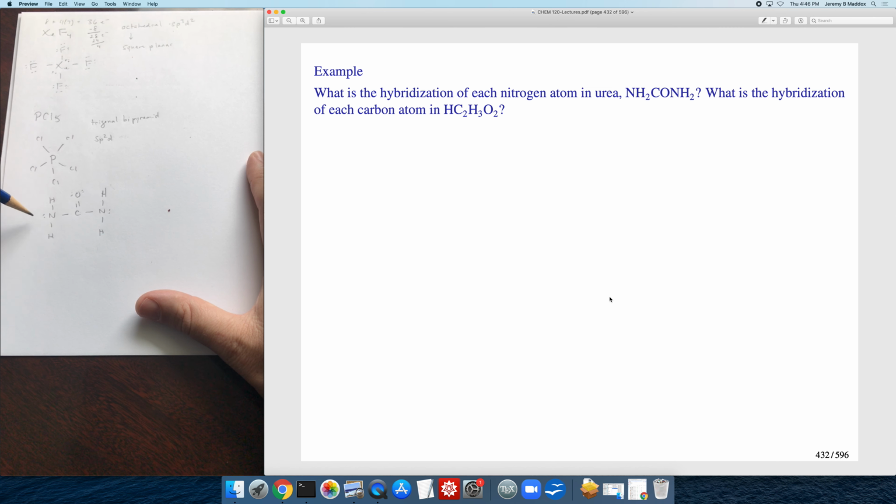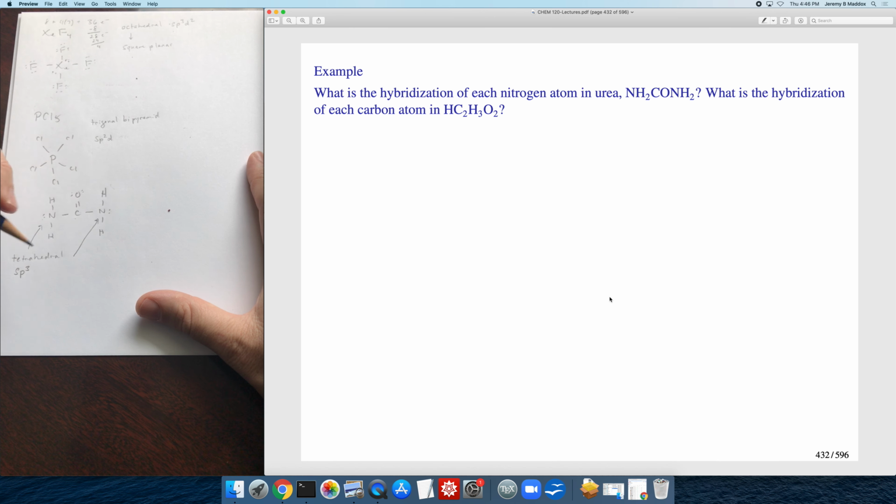And they want us to say, okay, what's the hybridization about each nitrogen? Well, we see that there's 1, 2, 3, 4 electron pairs around each one. So the parent VSEPR shape around each one is the tetrahedron structure. And so that means that each nitrogen atom has an sp3 hybridization. So that's for the nitrogens.